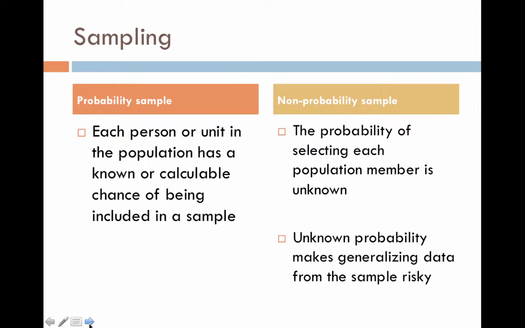Okay, so when we sample, we as I mentioned, choose who among the population we're going to sample. And there's several different ways to do this. One is a probability sample. Each person or unit in the population has a known or calculable chance of being included in a sample.